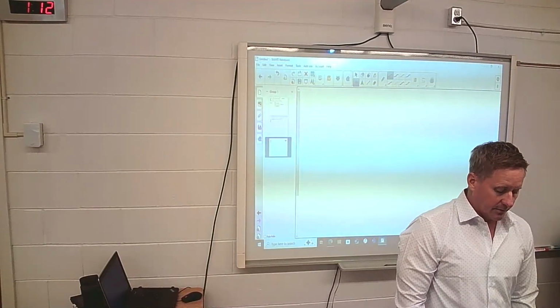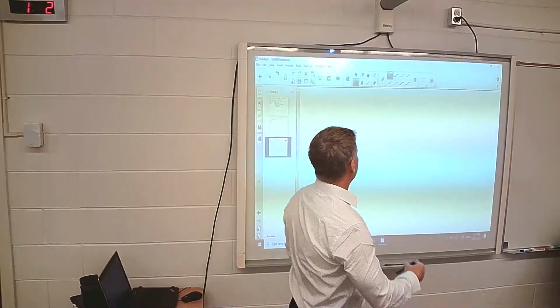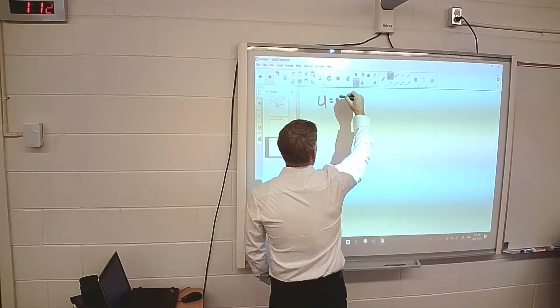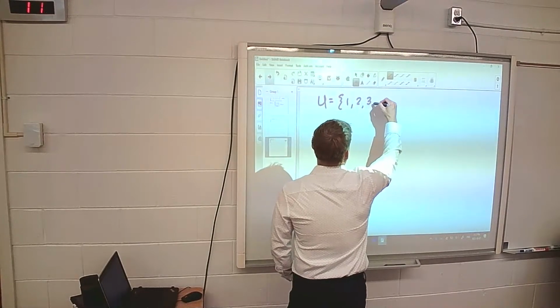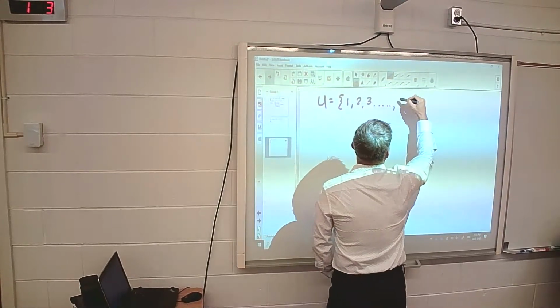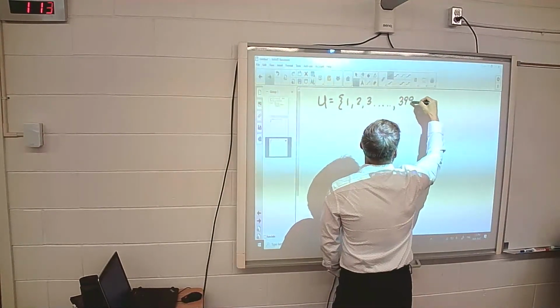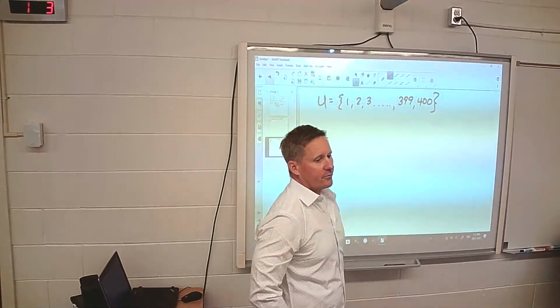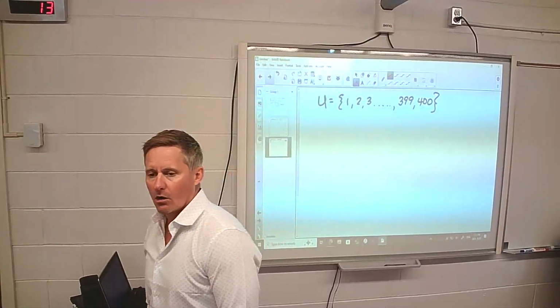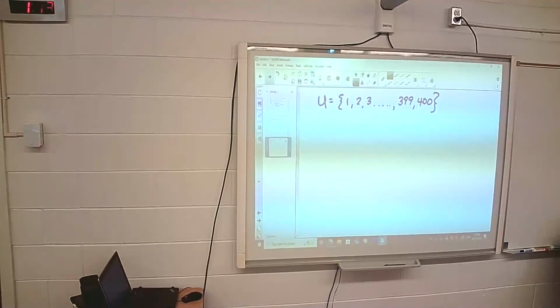So the universal set is all of the numbers between 1 and 400.